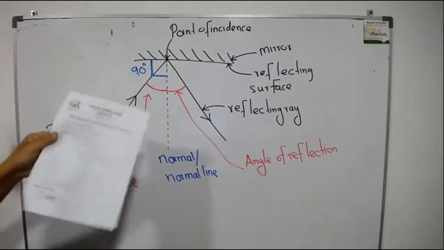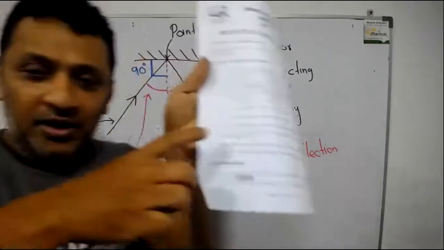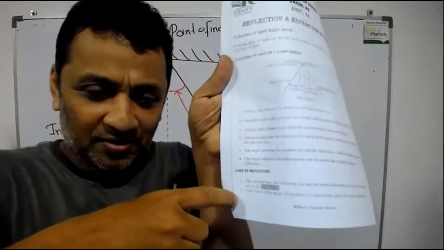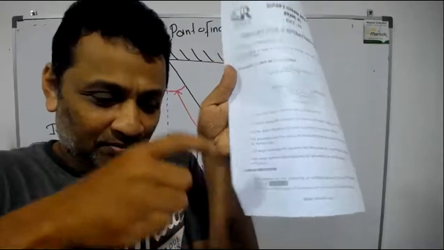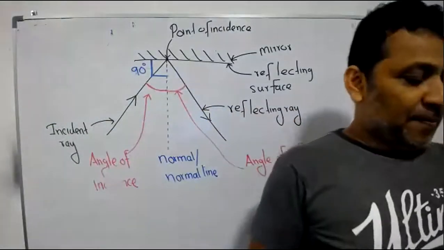In the note you are given, here, do you see how the points are there? Here to here. How many points are there?